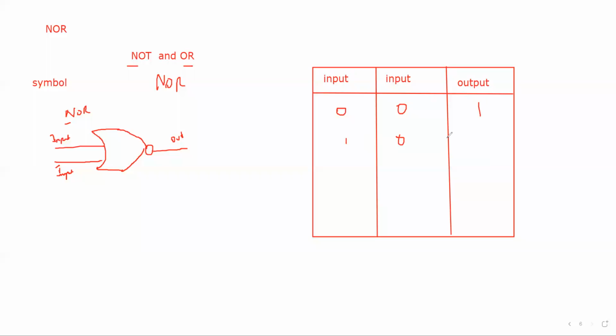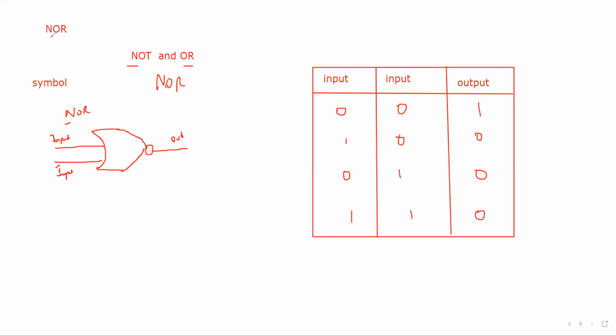Output of OR was 1, but it will make it 0. 0 and 1. What will be the output? 0 and 1 is 1 by addition, but the final output will be 0. And 1 and 1, so 1 and 1 is 1, but the final output will be 0.